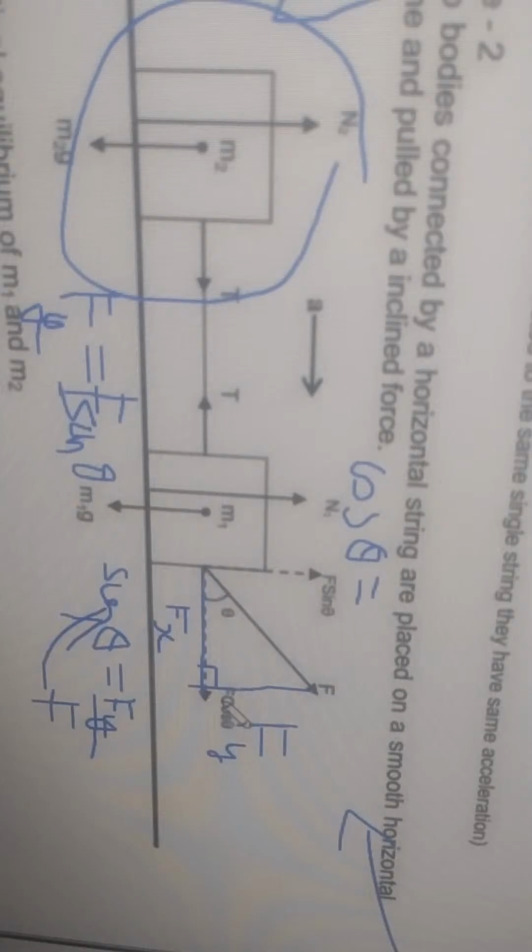B is the base, so F x, base by hypotenuse. If we do the cross multiplication, then F of x is equal to F cos theta.